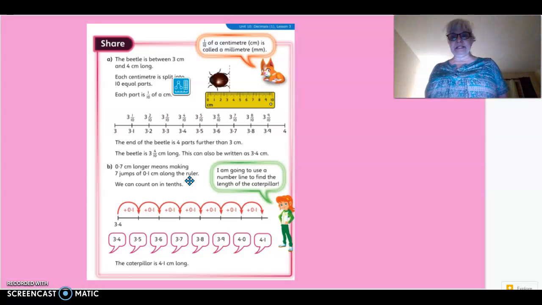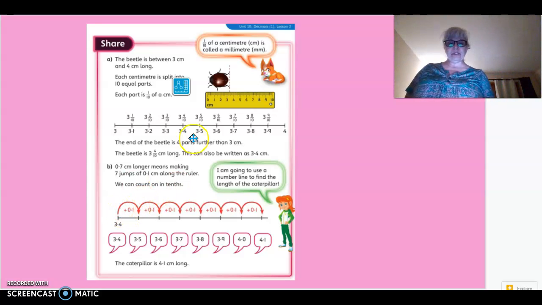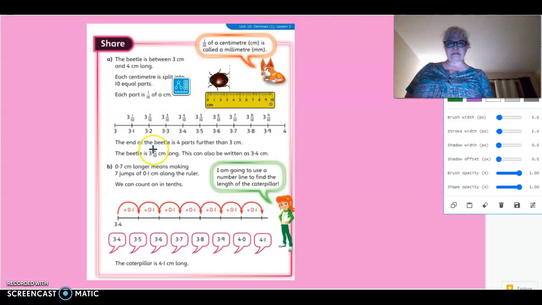All right, now 0.7 centimeters longer means making 7 more jumps of 0.1 centimeters along the ruler. All right, so we can see this, and if we start at 3.4, 3.5, 3.6, 3.7, 3.8, 3.9, 3.10, and 3.11?